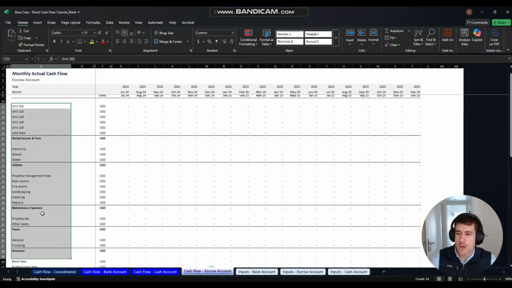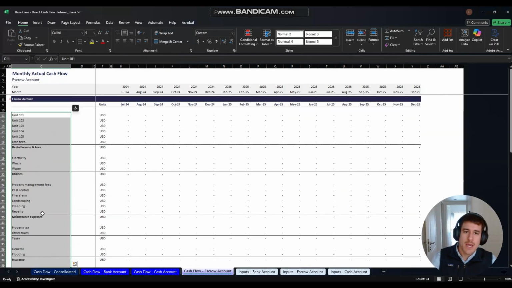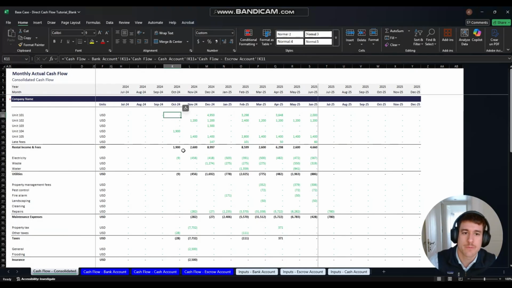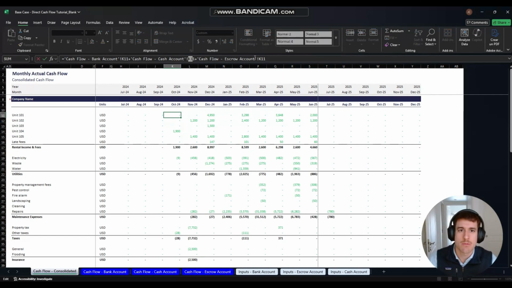This makes tracking and traceability much simpler because whenever we are building out the consolidated tab, we can directly add up the same cells in every single tab, right?